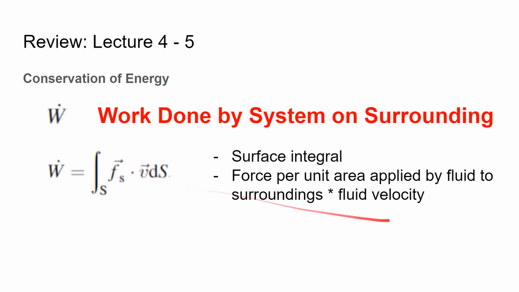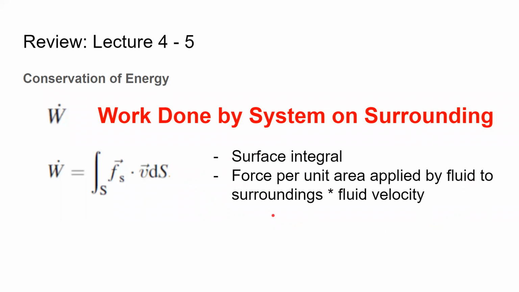We have the fluid velocity right here. And then this right here is actually the force per unit area that is applied by the fluid to the surroundings. So this is how we define work onto the surroundings, the system onto the surroundings.